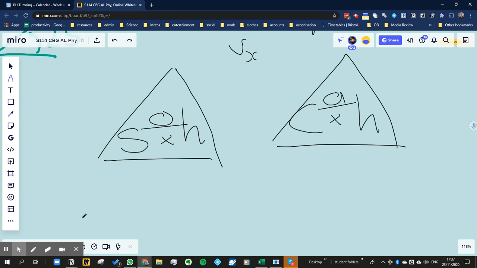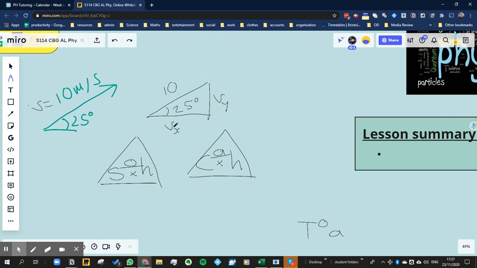We want to find, we look at our triangle, Vx is the adjacent to the angle. So Vx would be the adjacent. We've only got one triangle with the adjacent, so if we cover up the adjacent, it's equal to cos theta. A is adjacent. So cos 25 in this case times 10.